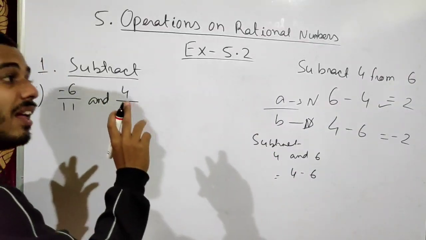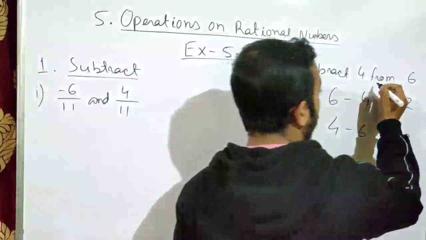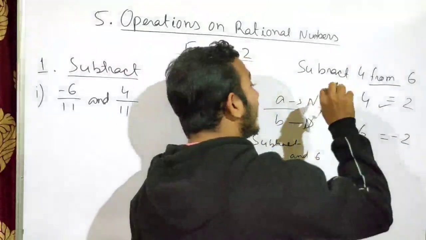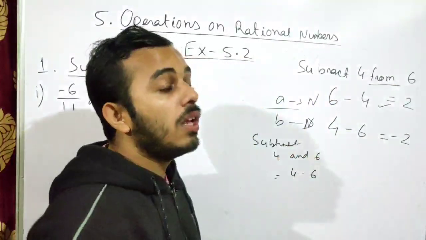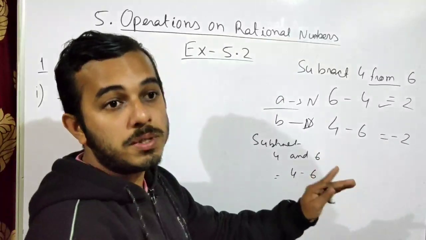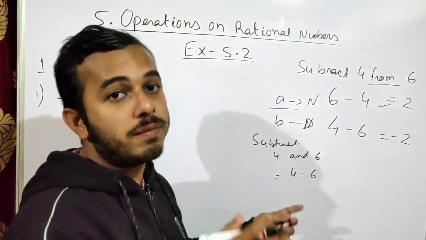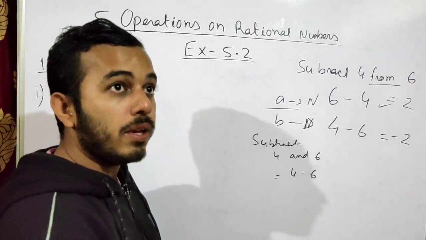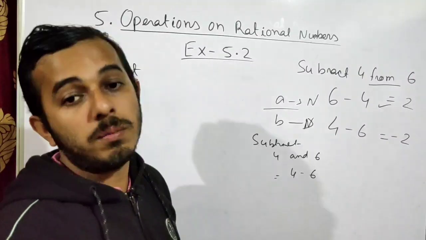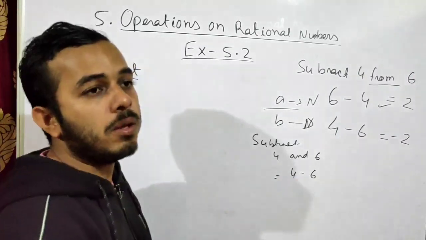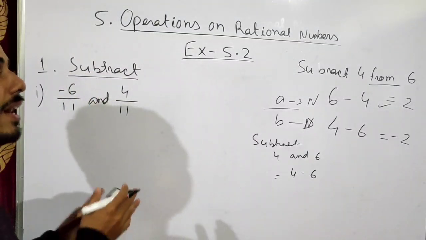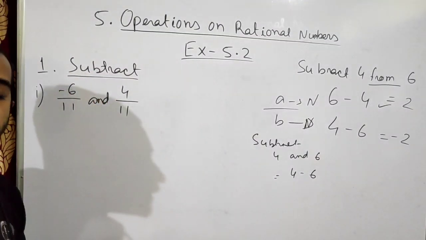And if there is the word from, in that case the order of the numbers will be changed. From the number which is asked, we have to subtract that other particular number. Clear?